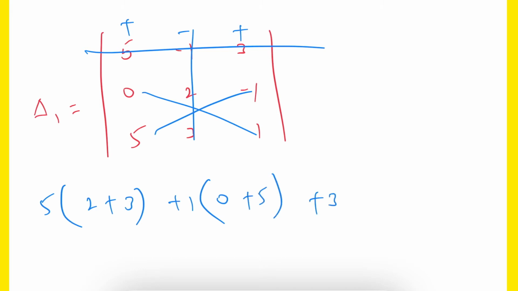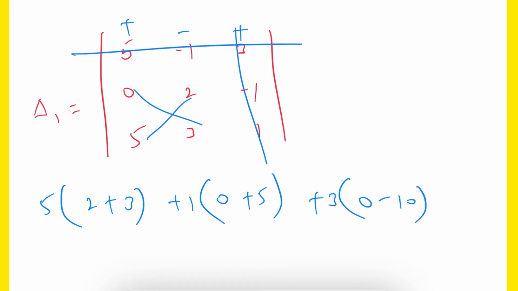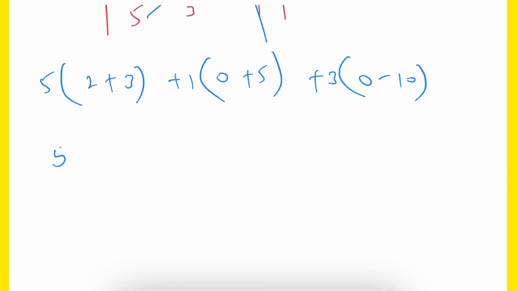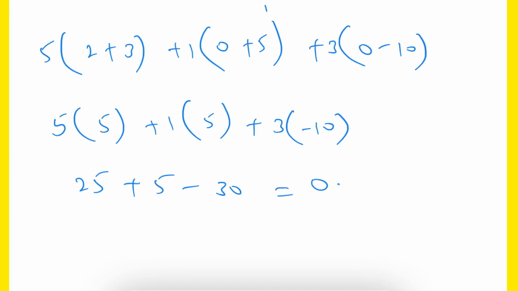So last, plus 3 times 0 into 3 is 0, minus 5 2s are 10. Okay, so we get 5 times 2 plus 3 is 5, plus 1 into 0 plus 5 is 5, plus 3 into 0 minus 10, it will become minus 10. So 5 5s are 25, plus 5 is 30, 30 minus 30 is 0. So delta 1 value is 0.